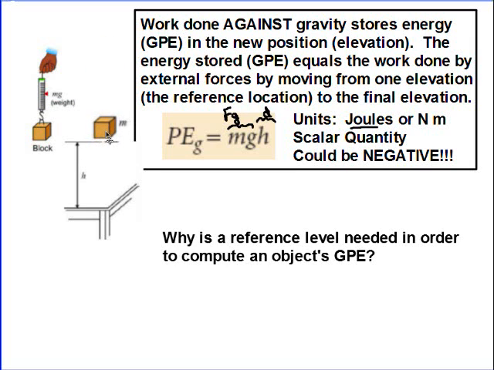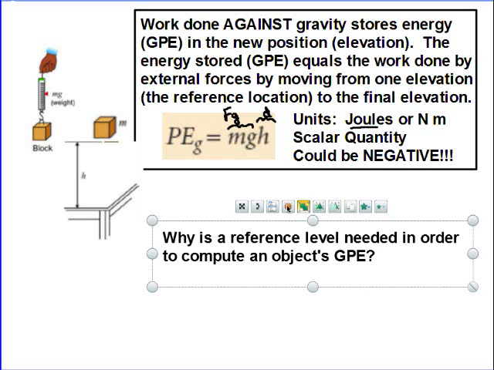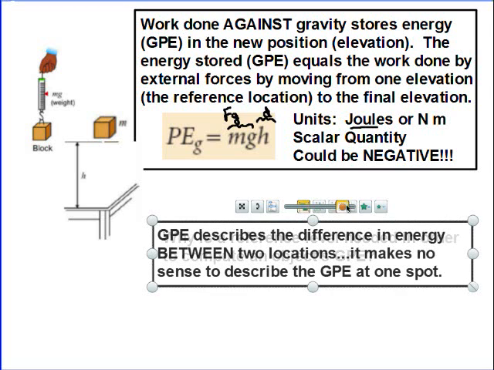Now we've got to look at this reference location and how it could be negative. Why is a reference level needed in order to compute an object's GPE? Really, the reason we need a reference is that GPE just describes the difference in energy between two locations. It doesn't make sense to describe the GPE at any one spot. It's really just a difference in GPE between two locations. So we have to choose a reference location.